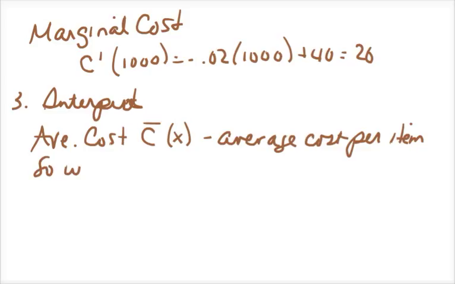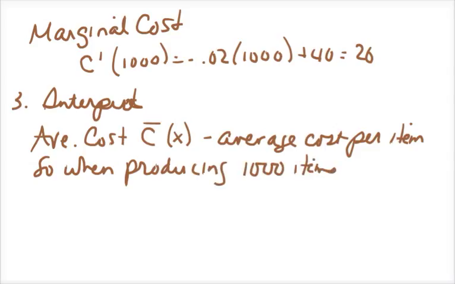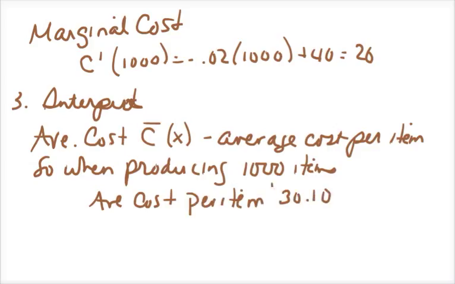So when you're producing, in this case, 1,000 items, the average cost per item is $30.10. So that's how you interpret the first figure.